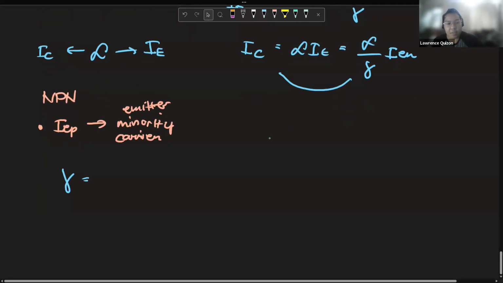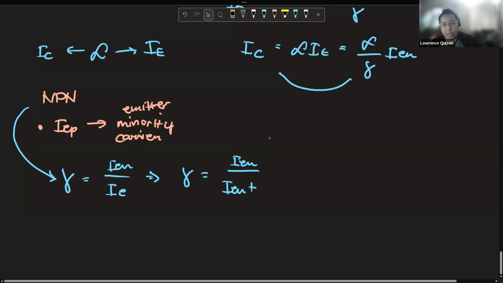Because gamma is IEN over IE for NPN. Kaso note that we can do this: IEN over IEP, yung IE na total.